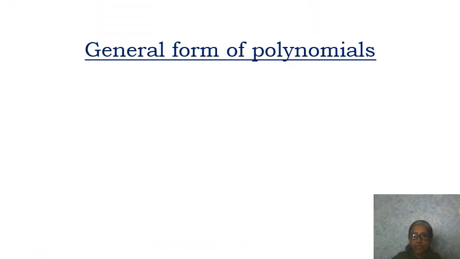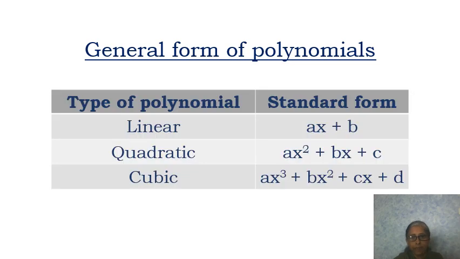Now we are going to learn the general form of polynomials. The first one is linear polynomial. The standard form of it is ax plus b. A and b can take any value. They are constants, remember, and x is a variable there. Next one, quadratic polynomial, where the degree of the polynomial is 2.